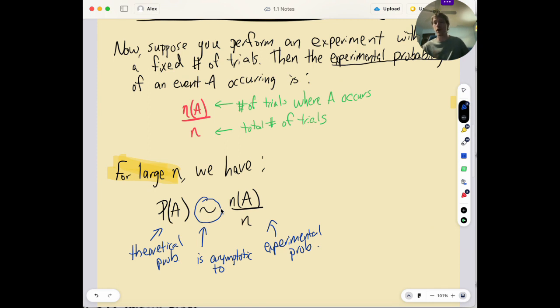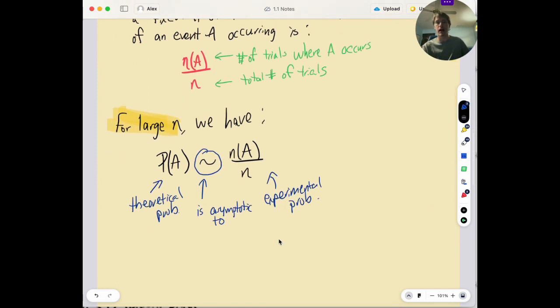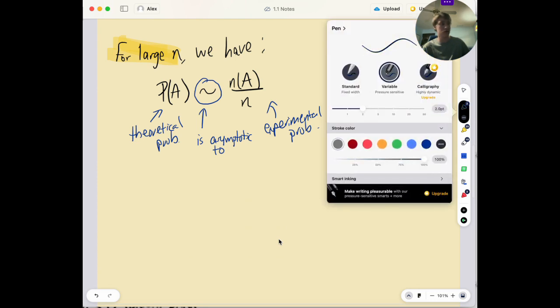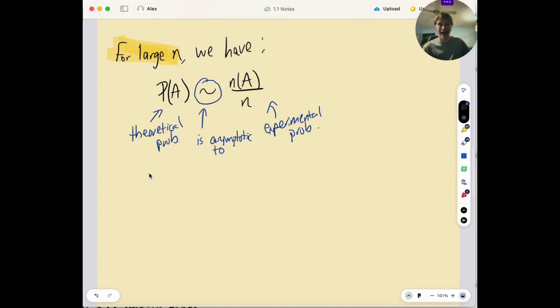Okay, but for those of you that have taken calculus, you should understand what it means to be asymptotic to something else. That's really the definition of a horizontal tangent, which in calculus we can express as the following. We can say that the probability of A is equal to the limit as little n approaches infinity.